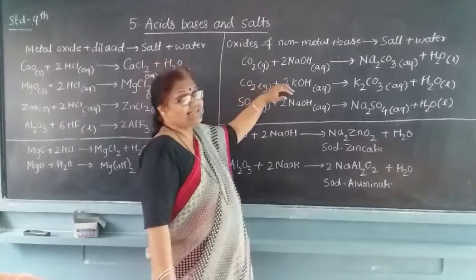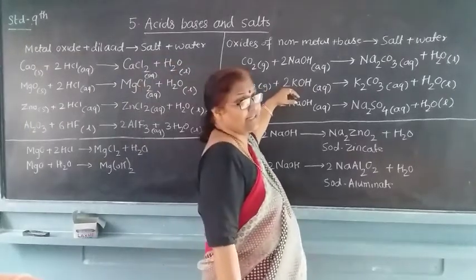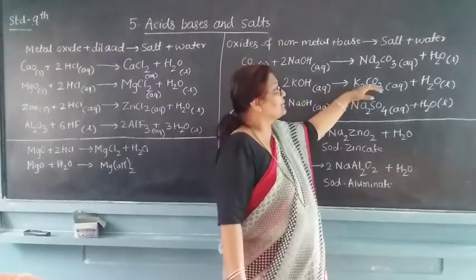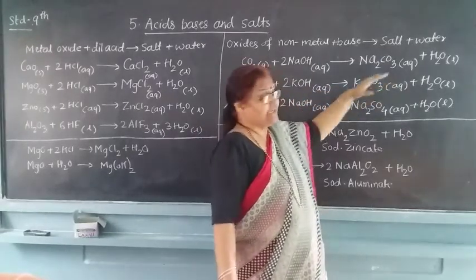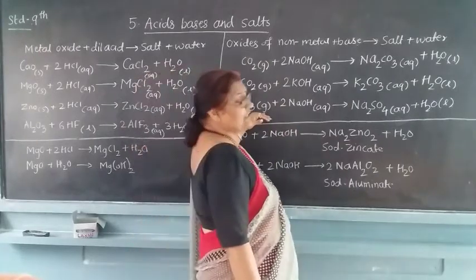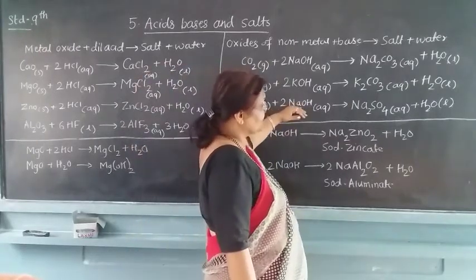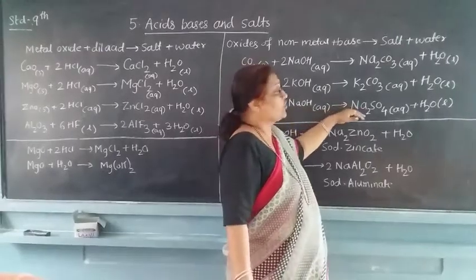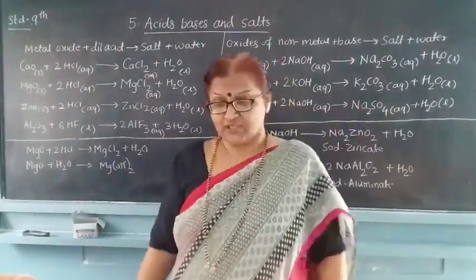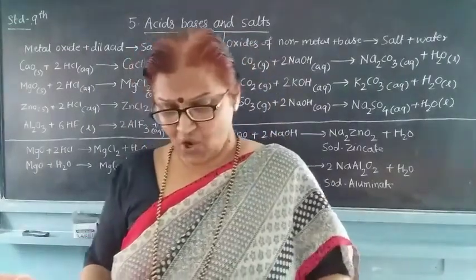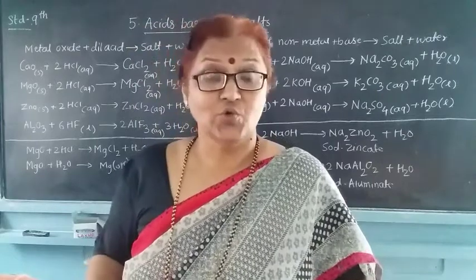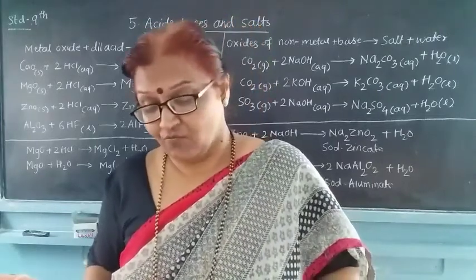CO2 when it reacts with KOH, which is potassium hydroxide, gives potassium carbonate plus H2O. Then SO3 when it reacts with NaOH gives sodium sulfate plus water. So these are the reactions where the oxides of non-metals react with a base to give salt plus water.